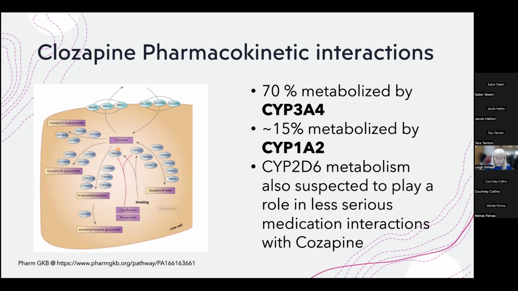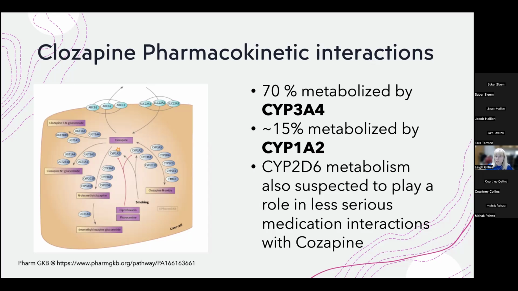As far as CYP1A2 inhibitors, we've got ciprofloxacin, fluvoxamine, caffeine, and estrogens as our primary ones. So if your patient's on an oral birth control, or if they drink a lot of caffeine, then you may find that they're going to have increased risk of side effects from the clozapine.